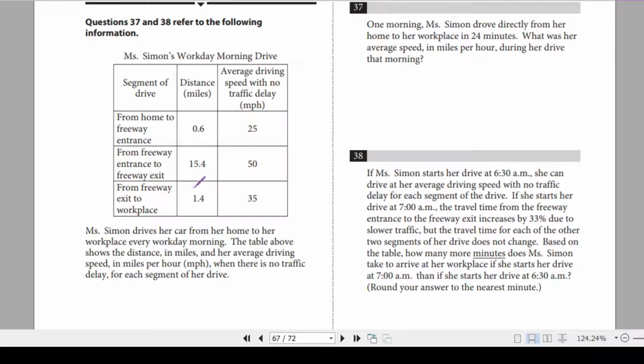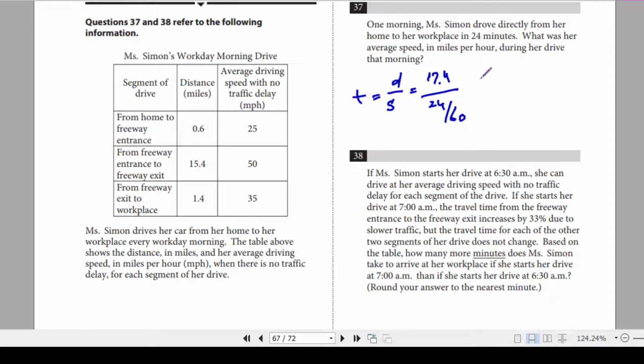Let's do this. 0.6 plus 15.4 plus 1.4. That is 17.4 total distance. Total distance is 17.4, divided by total time, 24 over 60.